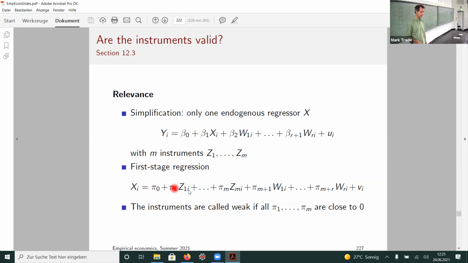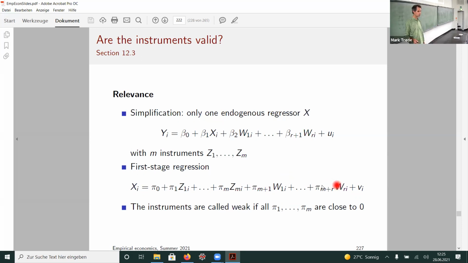So let's look at the regression equation. We have a number of parameters here. We have the intercept, that's just a nuisance parameter in a way. And then we have the slope coefficients for the instruments and the slope coefficients for the exogenous variables.